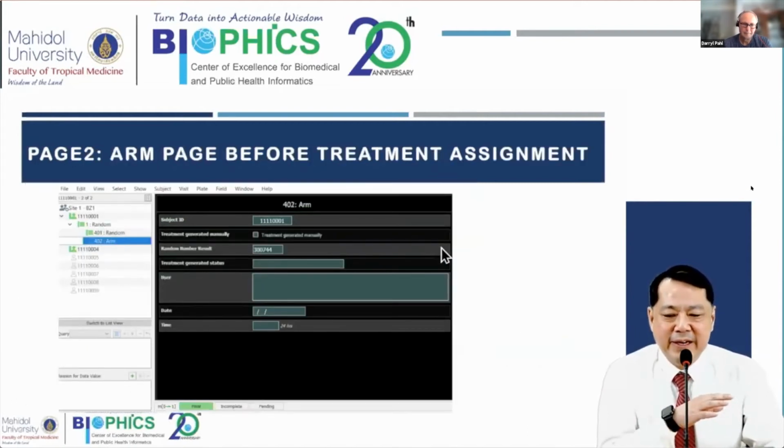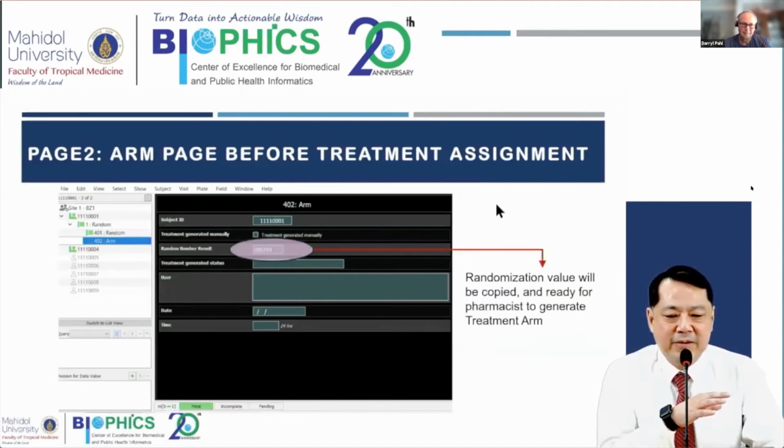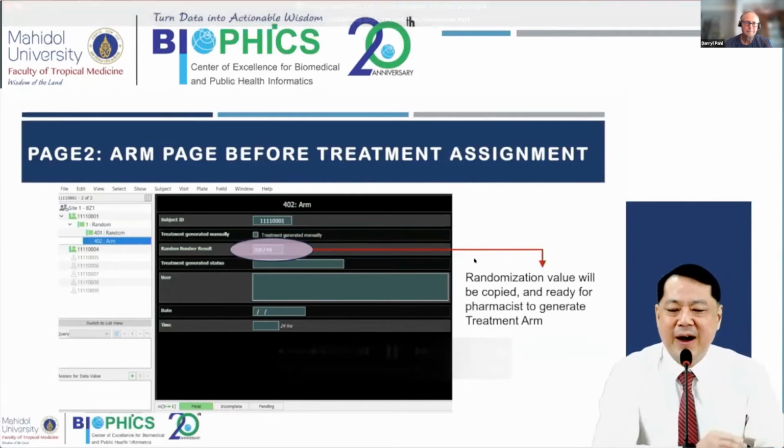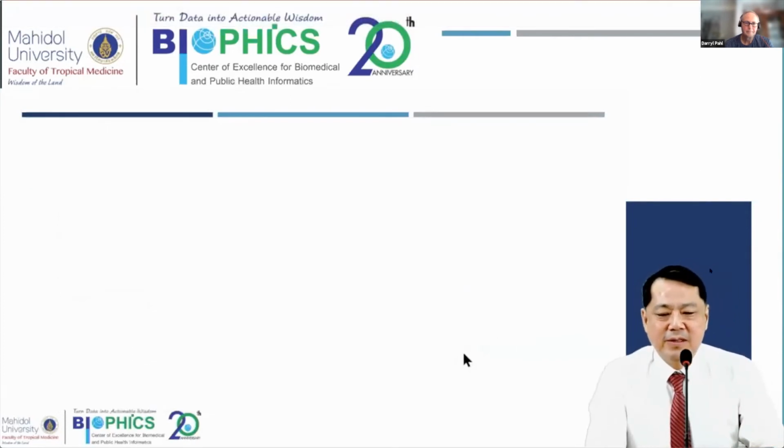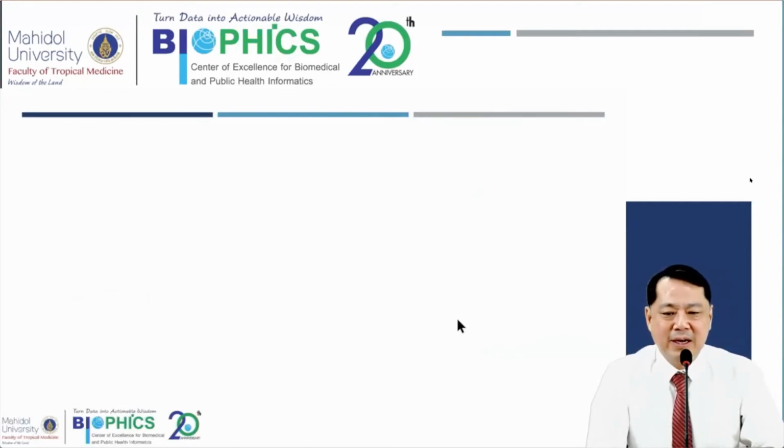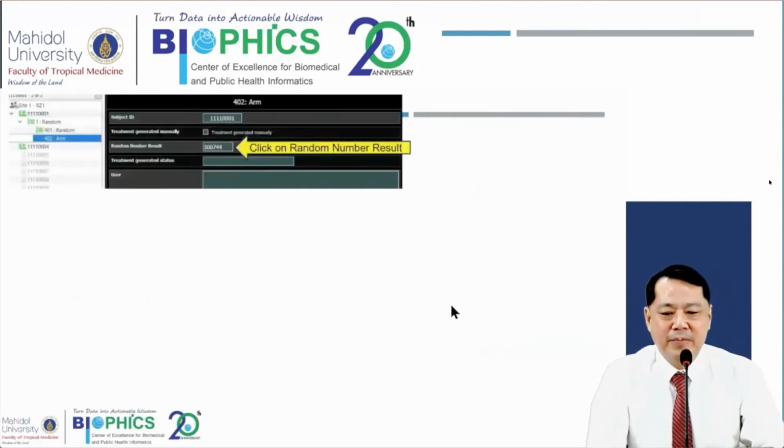After that, they are ready to give the treatment arm. The randomization will be copied to this page again, just for the purpose of lookup in the CSV file.